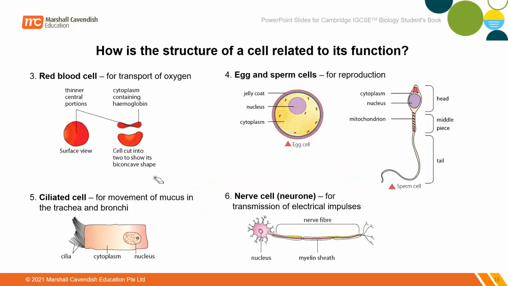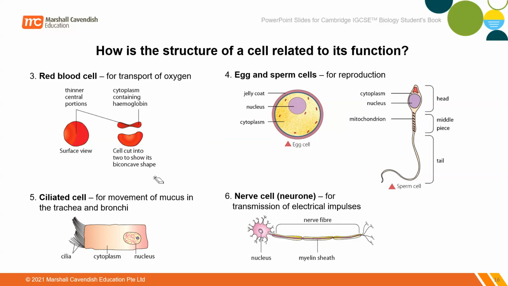In animals, or the human body, we have different types of cells that have been adapted to do a certain job. The first type of cell is the red blood cell. Red blood cells have been adapted to transport oxygen. Okay, so it has cytoplasm containing a chemical substance made up of protein called hemoglobin.